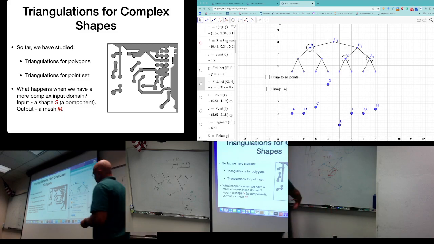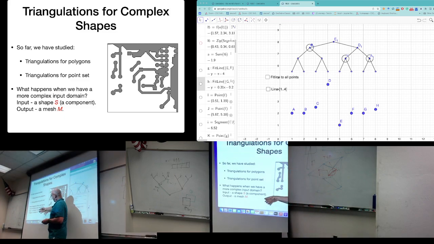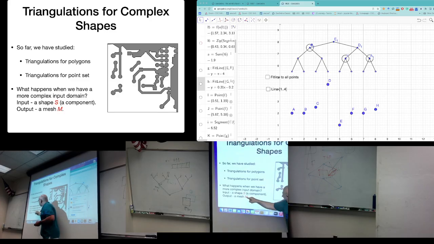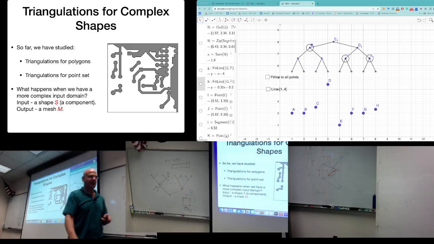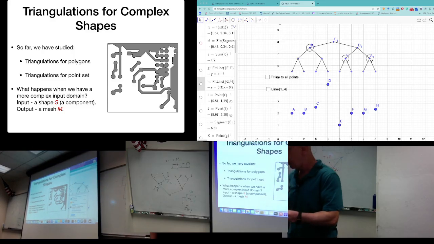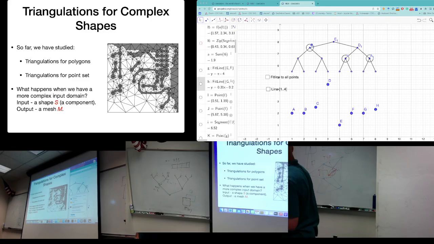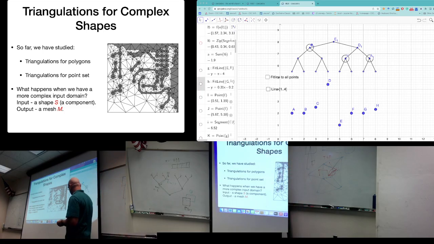So in general, we have the input shape, called a component, and the output should be a triangulated mesh that I'll denote as M, because S and T will be taken by a quadrant that will appear in a second. So that's not necessarily a triangulation that I get, but it is a triangulation of this whole space.